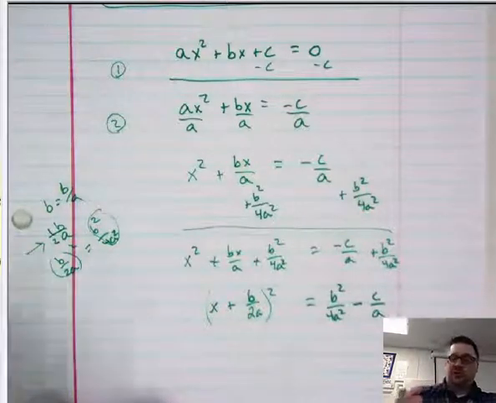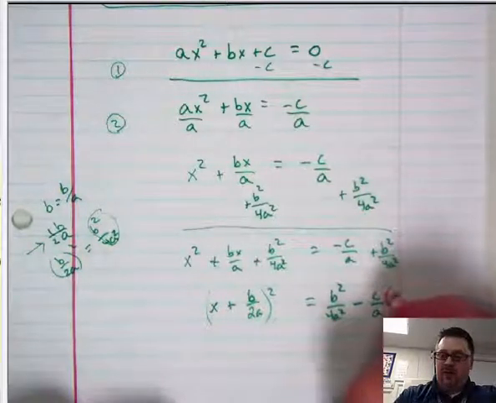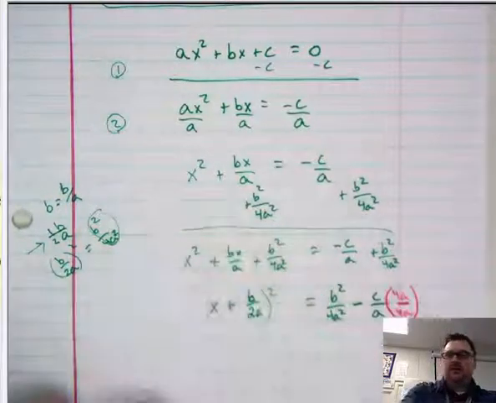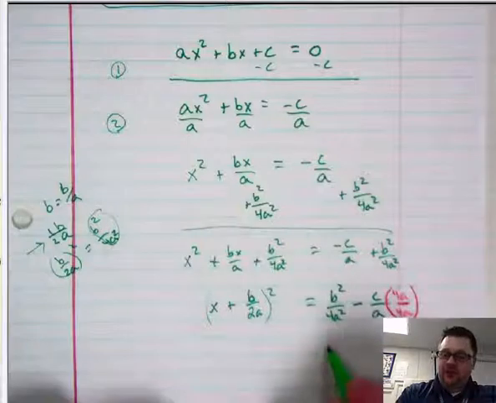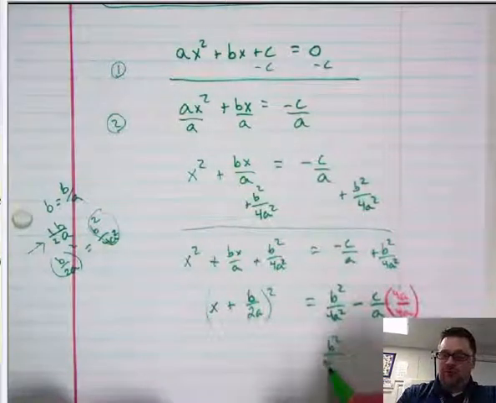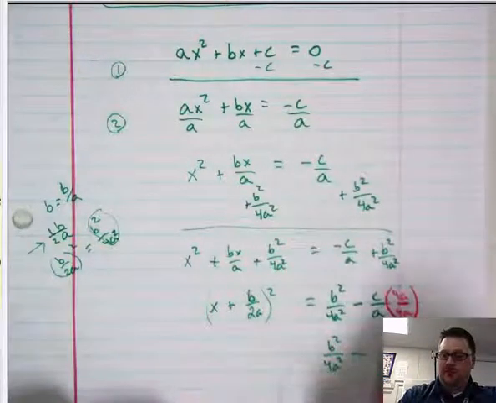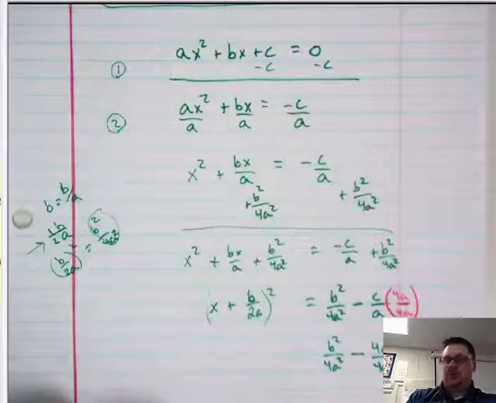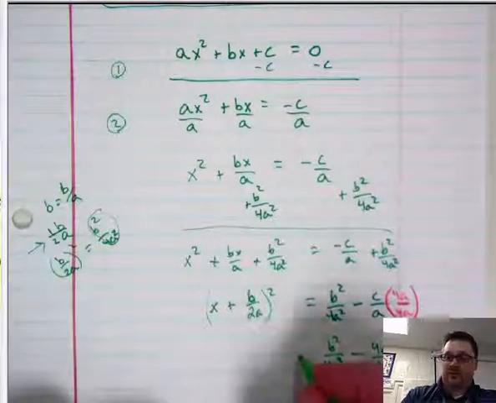So what I'm going to do now is multiply this by 4a over 4a. And what that gives me is b squared over 4a squared minus 4ac over 4a squared. I wonder if you notice anything coming together yet.